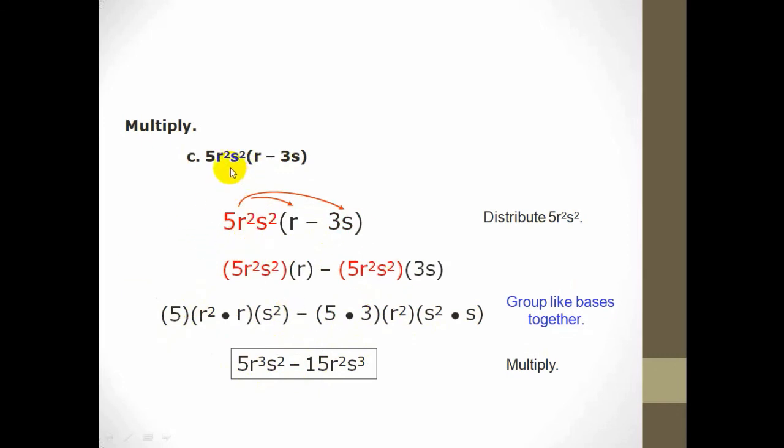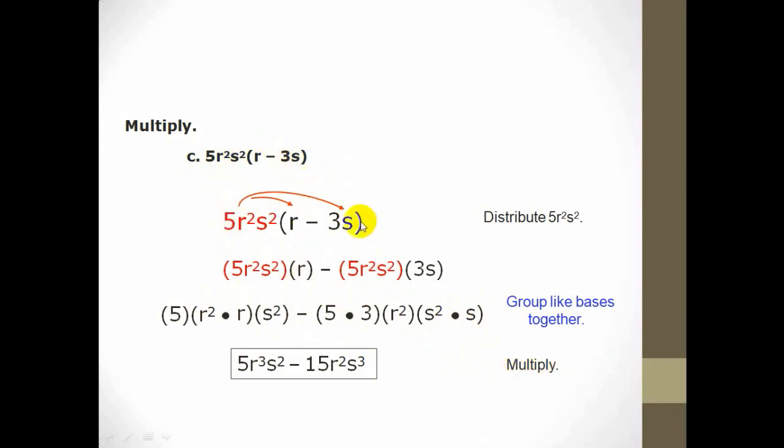Similarly, we can multiply 5r square s square into r minus s. So r square multiplied by r, group like bases together: r square multiplied by r into s square, and similarly 5 multiplied by 3, r square s square dot s. First of all, distribute this monomial over this polynomial, then group like bases together and then multiply.